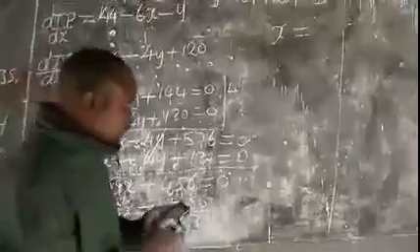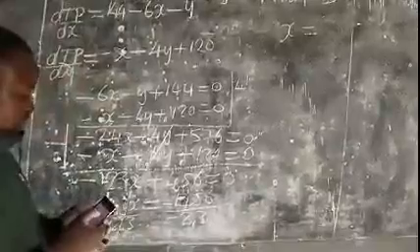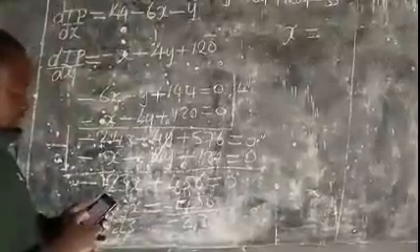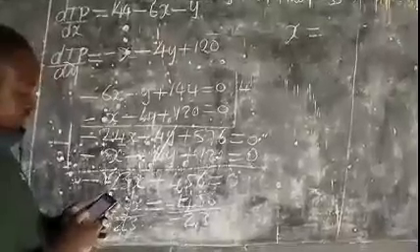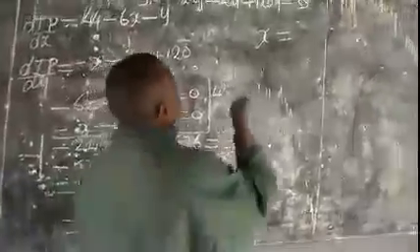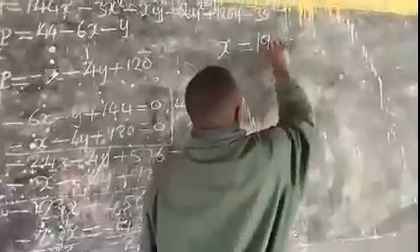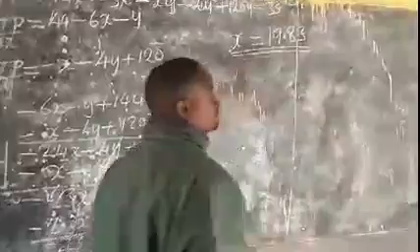It is giving us what? 456 divided by negative 23 is giving us 19.83. So that is the value of our x.